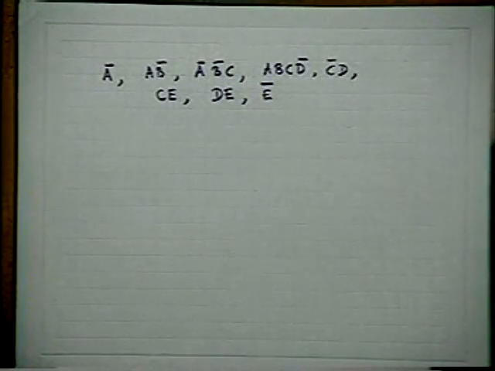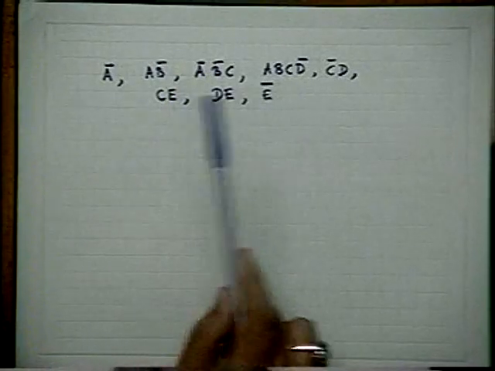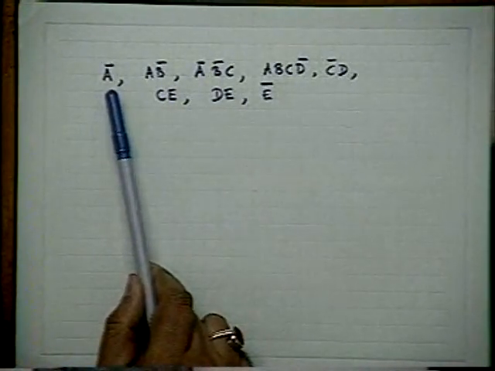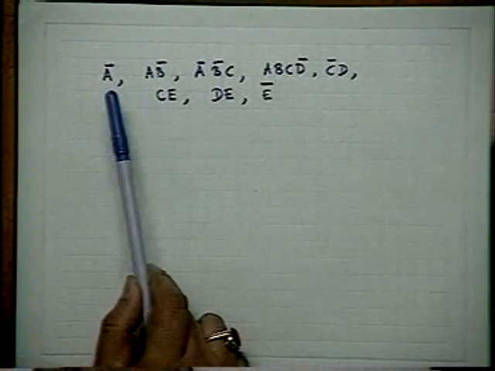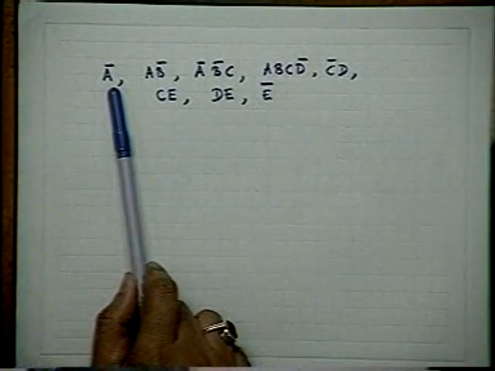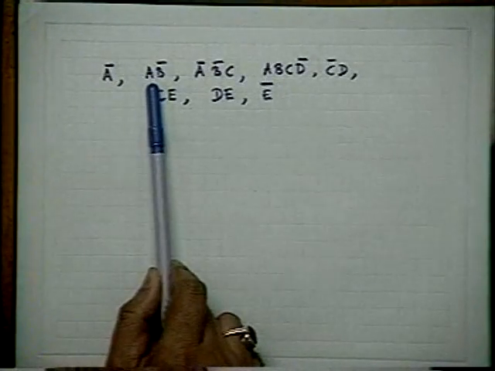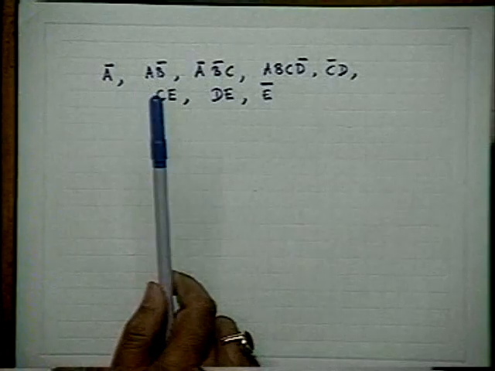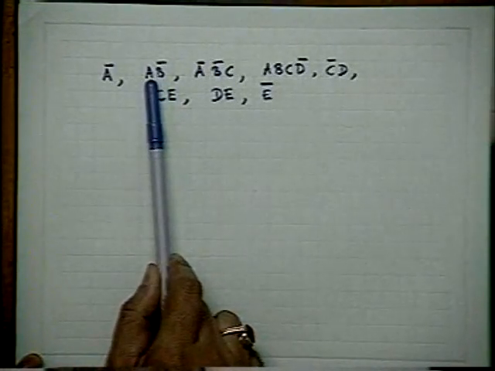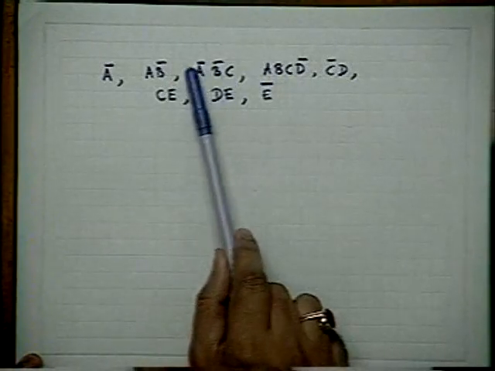You just see the way I have used the same. I started with A, but there is no A alone. So there is one term which is A complement, and I have given it the first topmost priority in location. Then I am trying to search whether AB is there. I have got only one term, that is A B bar, so I have given it second position. Then ABC, the only term is this.